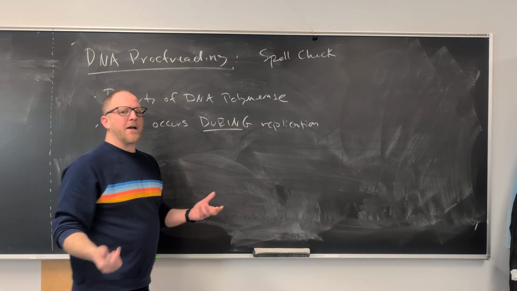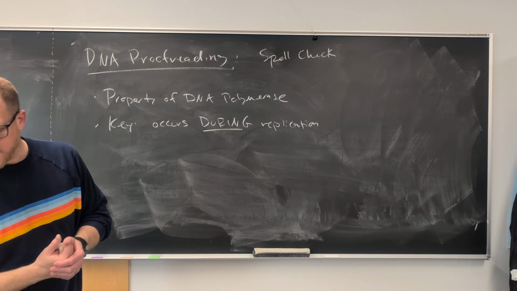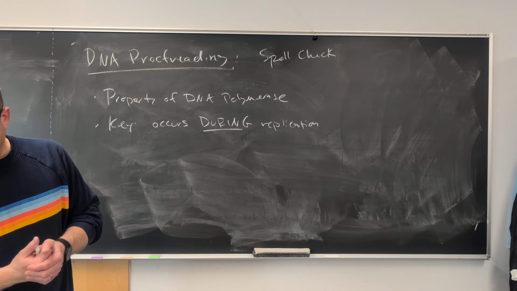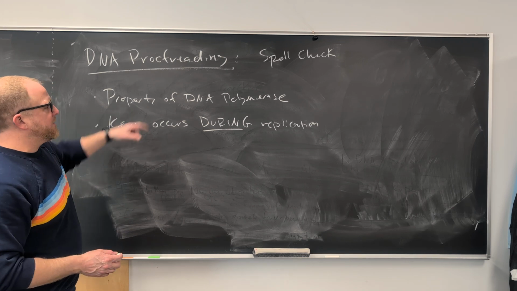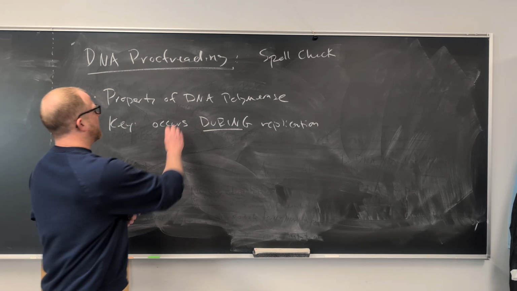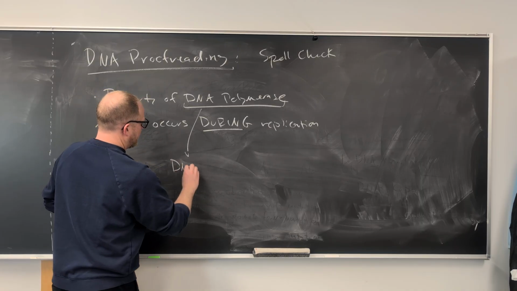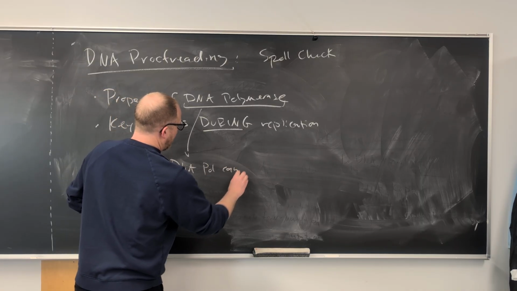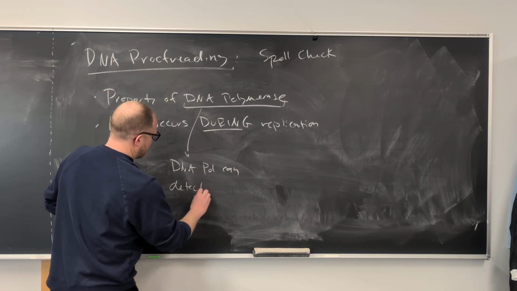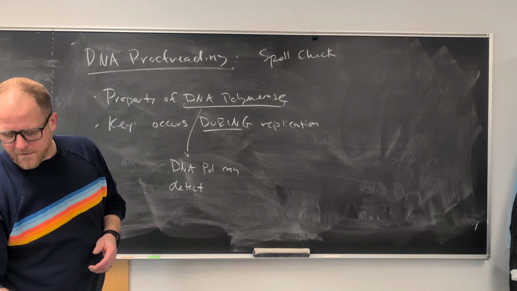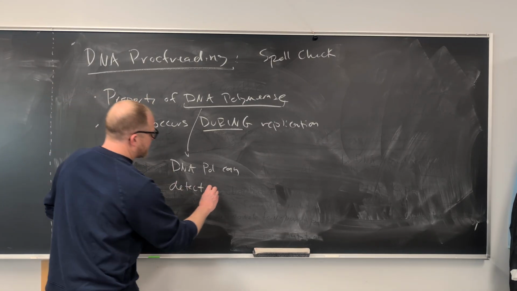This will contrast with the next mechanism that we talk about. Because this is a property of DNA polymerase, it depends on the ability of DNA Pol to detect incorrect base pairs.